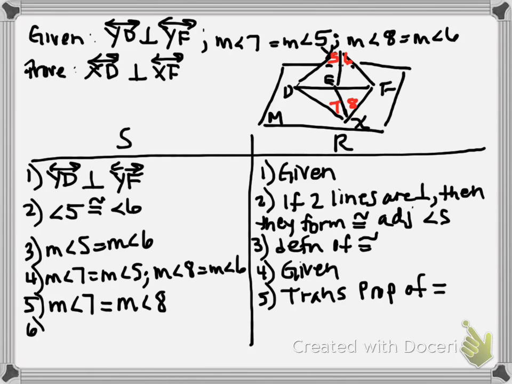So then, though, remember what the theorem says. If two lines form congruent adjacent angles. So now we need to go to congruence. So if we don't meet every criteria, then we can't use it. So back to definition of congruence.